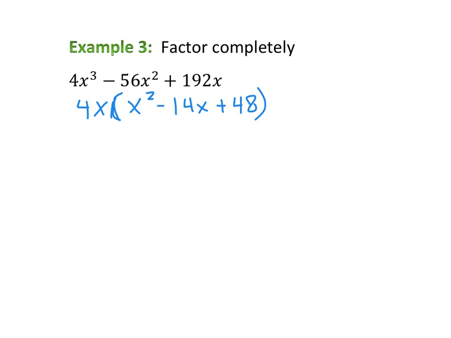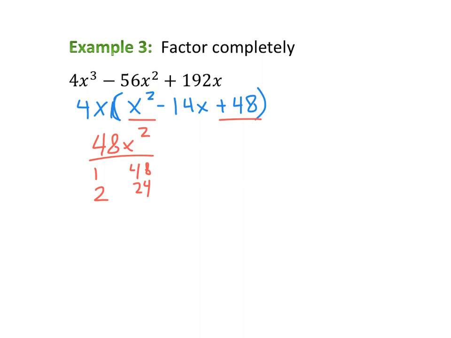Now continuing with the process, it's not a pattern, but we'll multiply first and last, giving me 48x squared. Then I'll list my factors. 1 and 48, 2 and 24, 3, does 3 go into 48?